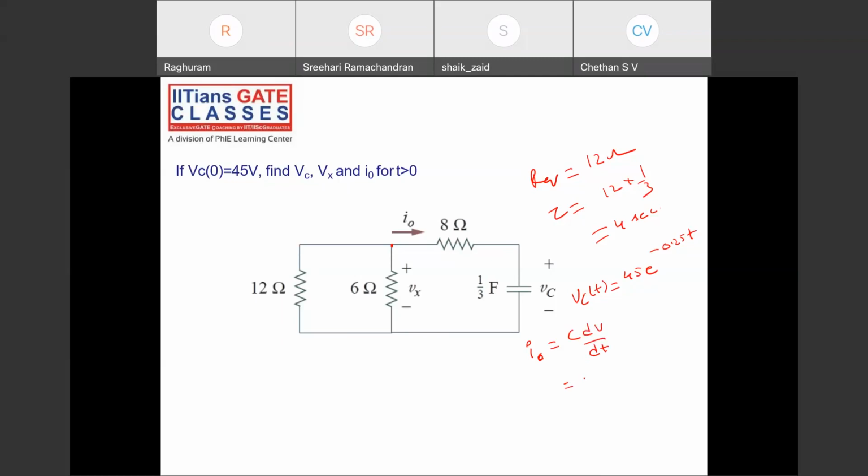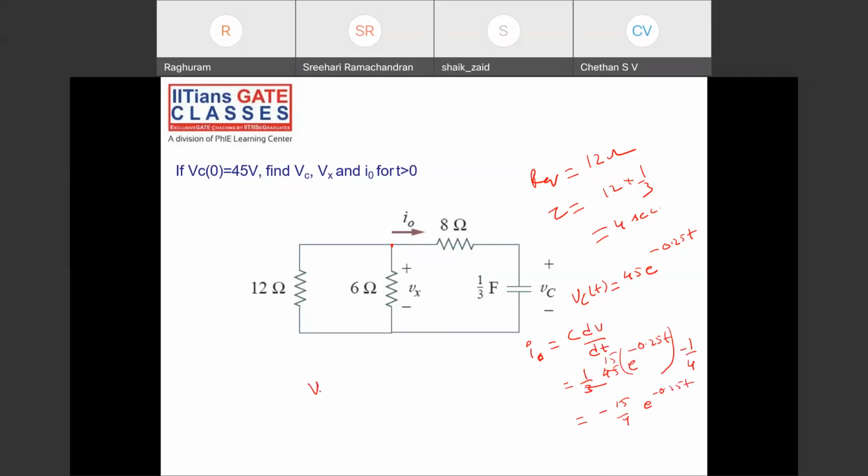C is 1 by 3. dV by dt is 45 into e power minus 0.25t into minus 1 by 4. Right? So 3 15s, I naught is minus 15 by 4 e power minus 0.25t.